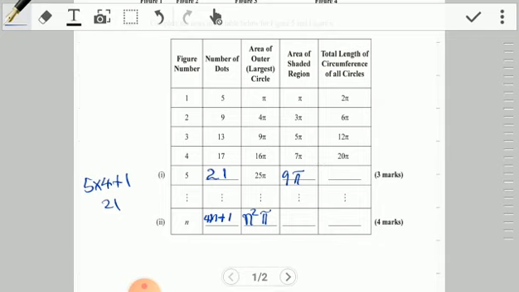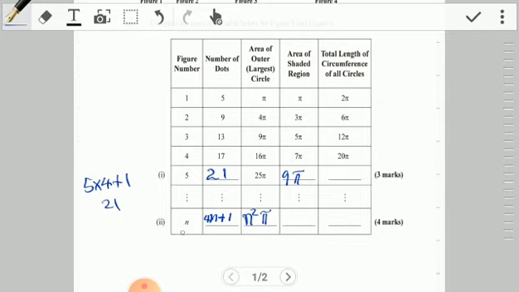Also, 2 times the figure number, take 1: 2 times 1, take 1, gives 1 pi. 2 times 2, which is 4, take 1, gives 3 pi. 2 times 3, which is 6, take 1, gives 5 pi. 2 times 4, 8, take 1, 7, and the same goes on.